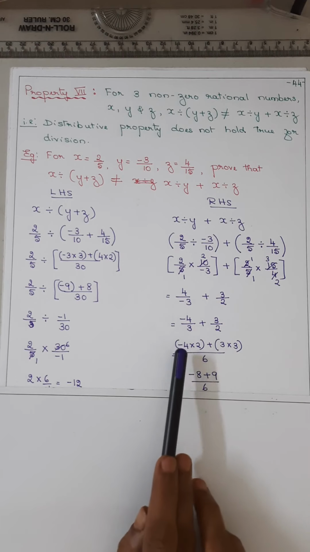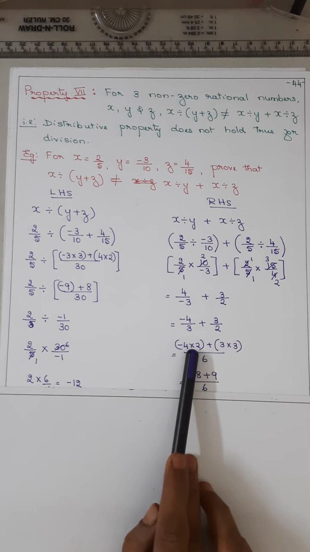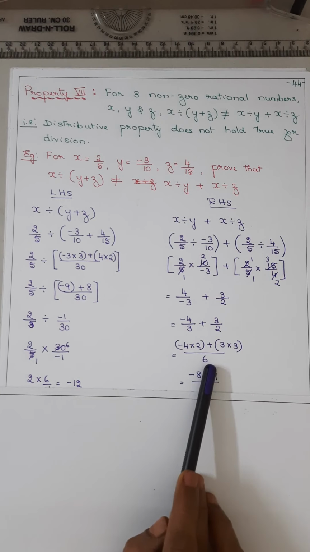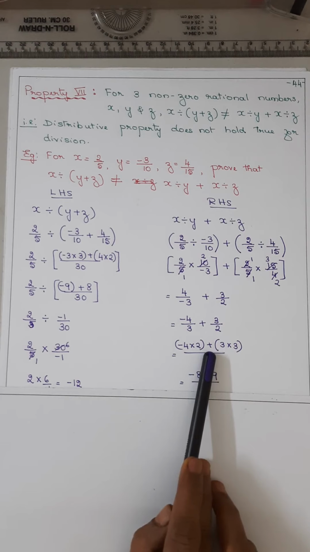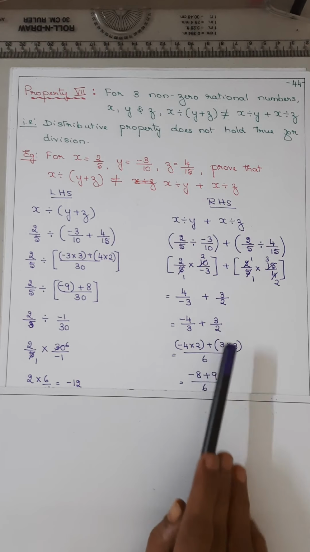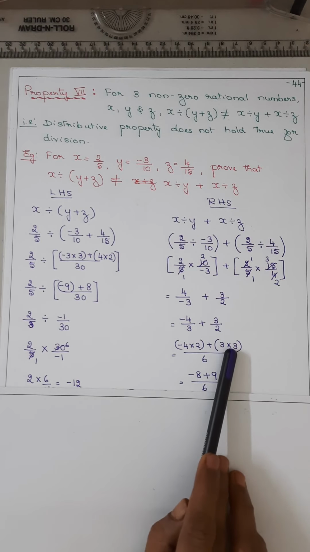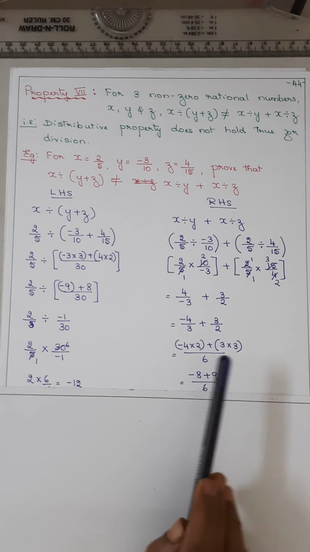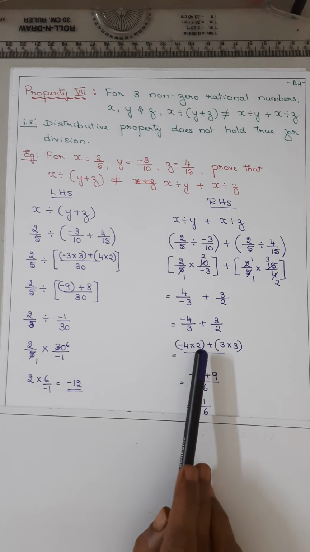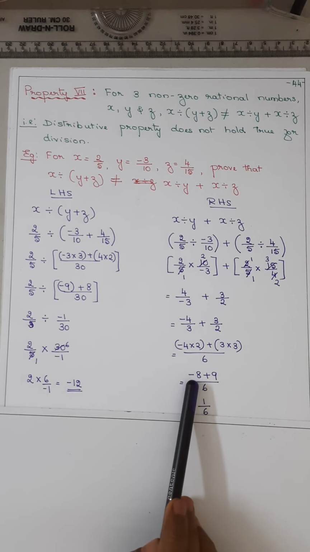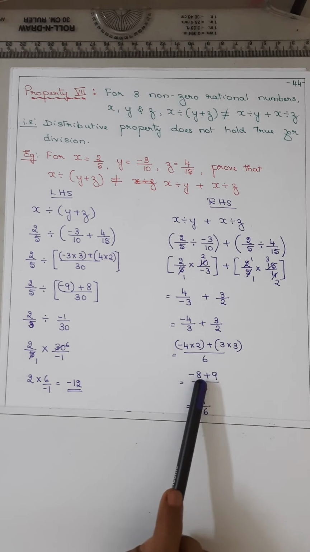So numerator minus 4 into how much makes 6? 3 2s are 6, so 2. Now plus, put the sign. 3 in the numerator into how much makes 6? 3 2s are 6, so 3. Now plus minus, it is minus 4 2s are 8.